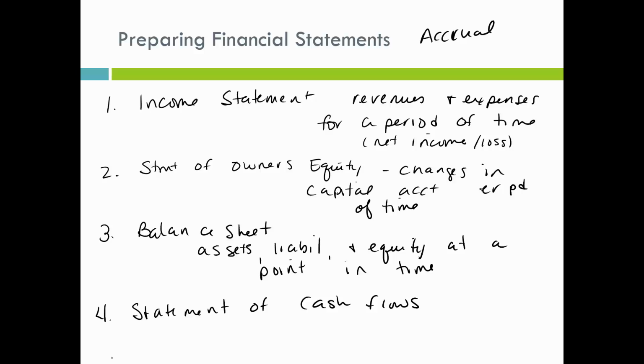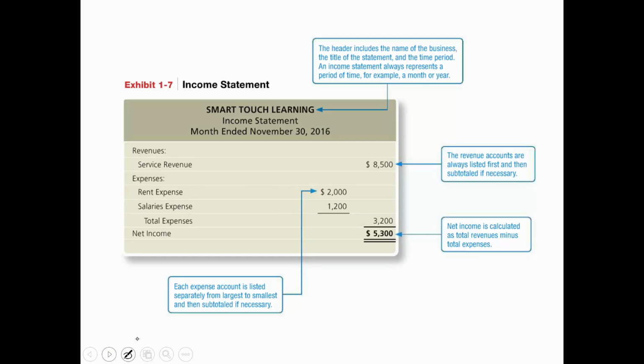So let me just kind of show you the statements. We always do the income statement first. The header gives the name of the business, what the statement is, and again here, say for the month ended, it's a period of time. Or it'll say for the year ended or something like that. The revenue is always listed first, then we list the expenses.